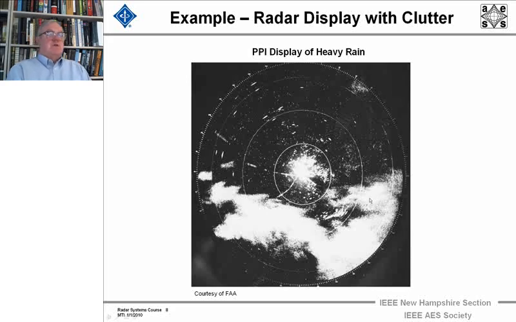Now, the first thing that occurred to people who built radars and put PPI displays up is they would say, looking from scan to scan, the ground doesn't move. So if we took a whole scan of data and then subtracted the next scan of data from it, we'd be left with the targets which physically move, as these do.